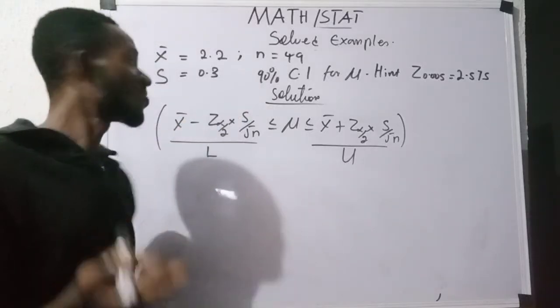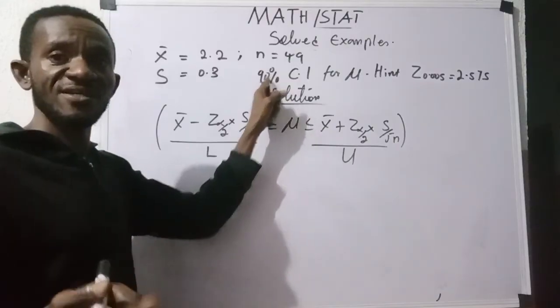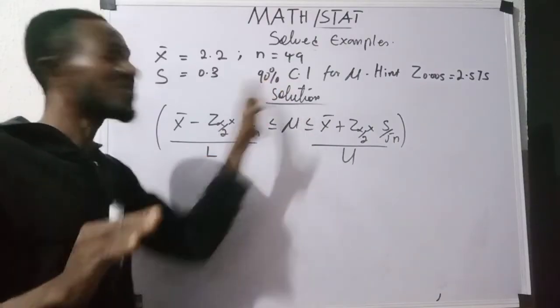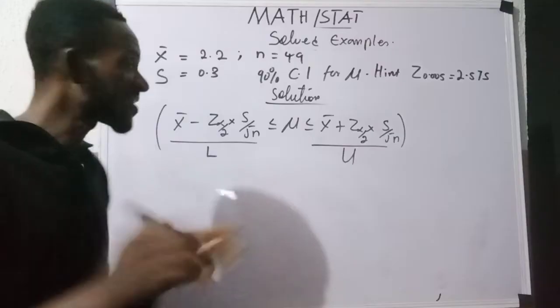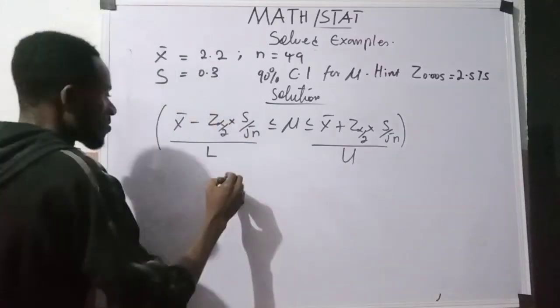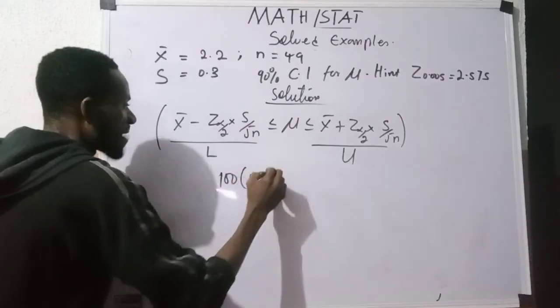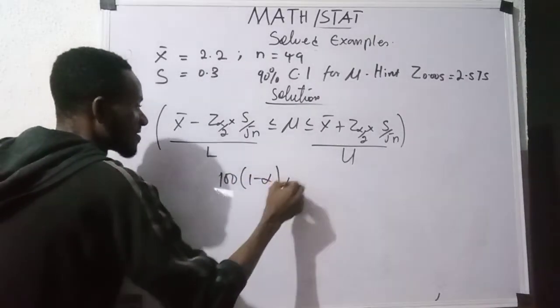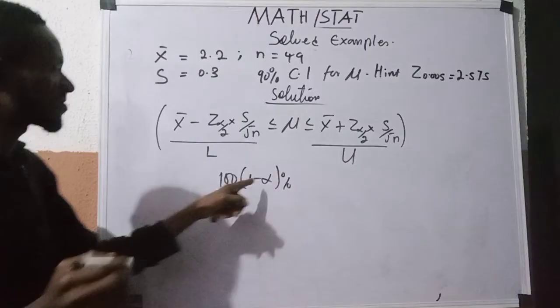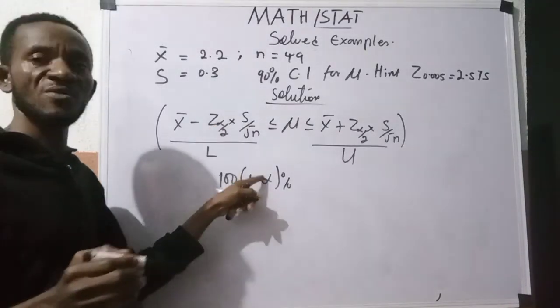And I already told you, of course they are talking about percent, that this confidence level is normally given as 100 into 1 minus alpha percent, because you see where that alpha we are looking for is contained.